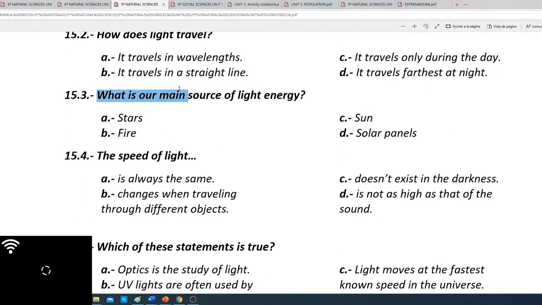The next question. What is our main source of light energy? It's very easy. Stars, fire, sun, solar panels. What do you think? 15.3. Julia, what do you think? Miguel?